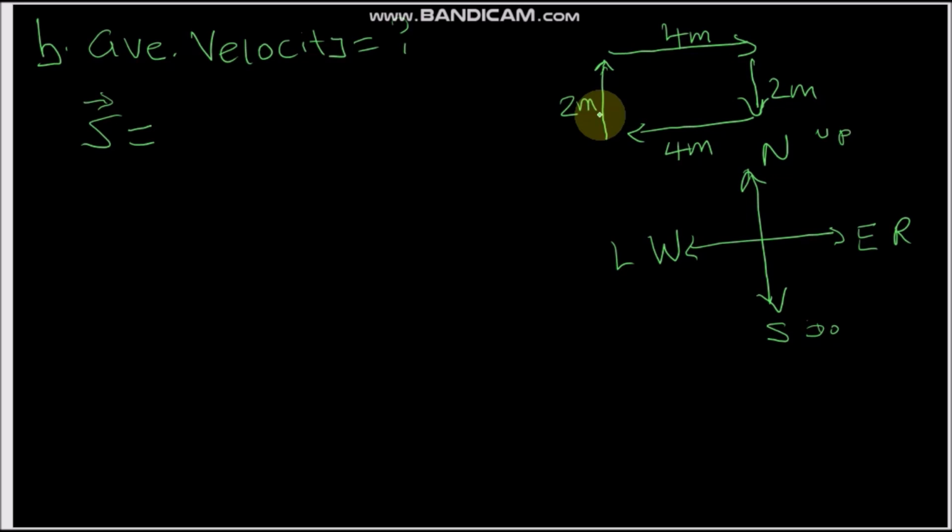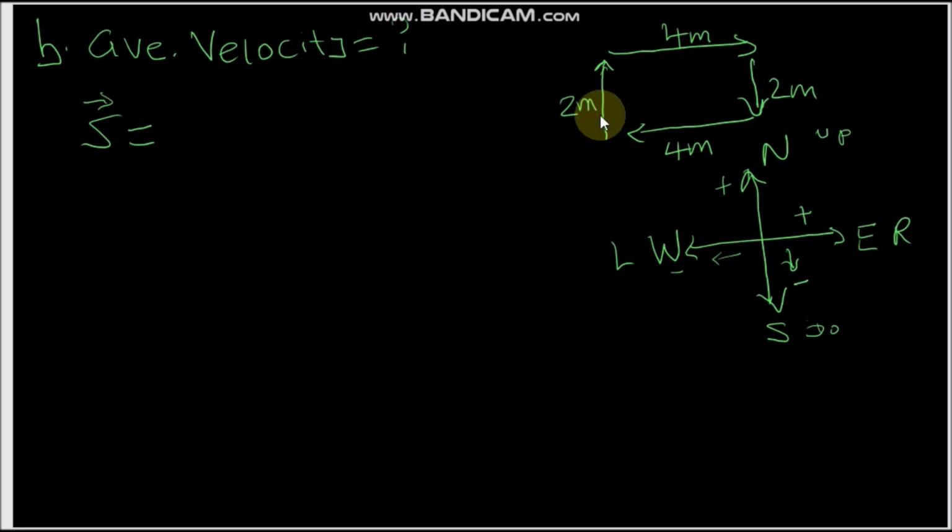On the coordinate system, towards east the displacement is always positive, and up is always positive. Towards the west, the displacement is negative. Towards down, the displacement is again negative.